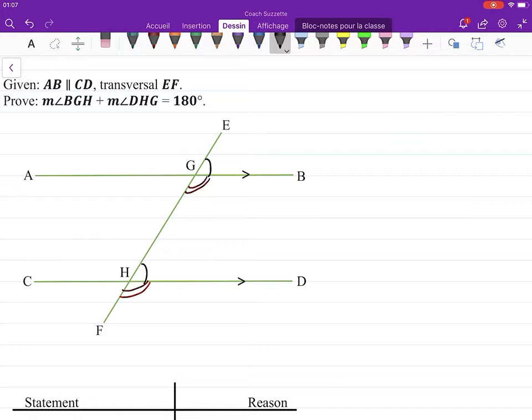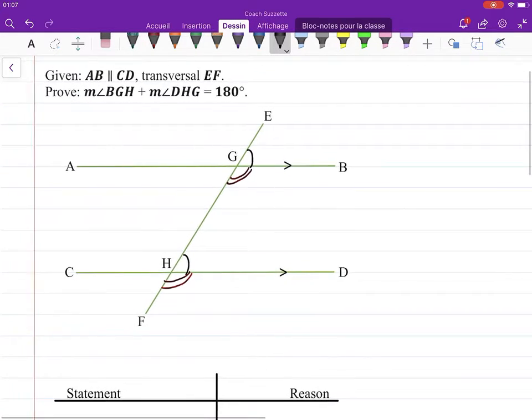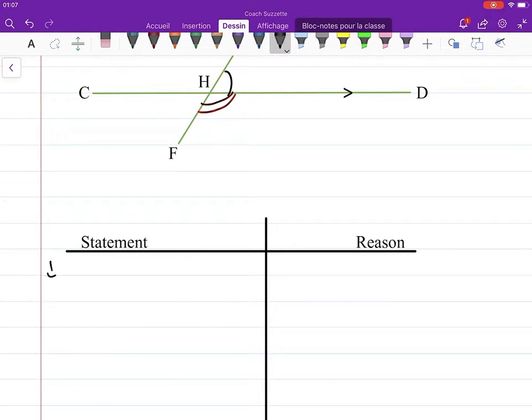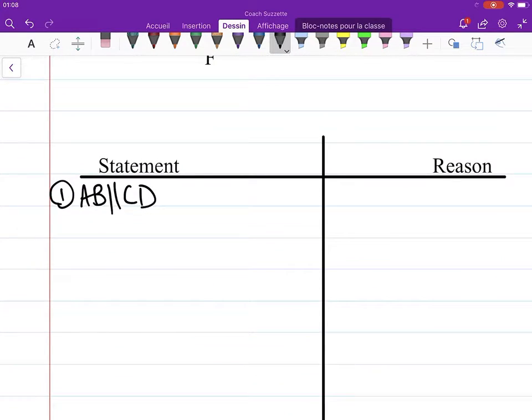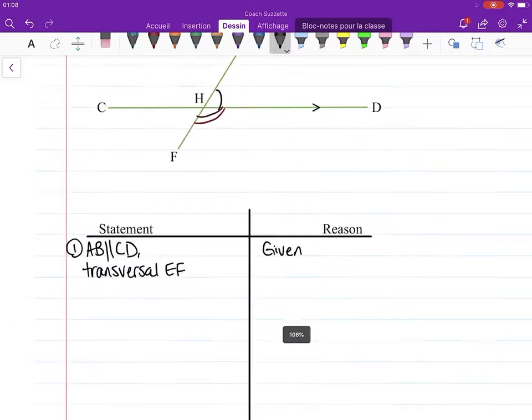Let's write that out. Well, actually, we can start our proof here with what we were given. AB is parallel to CD, transversal EF, given.